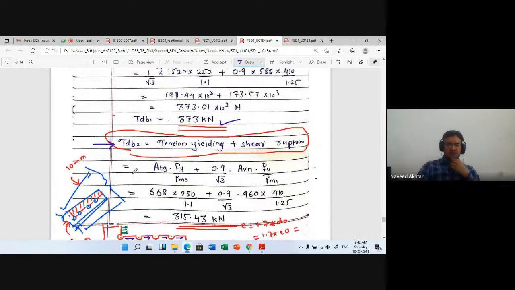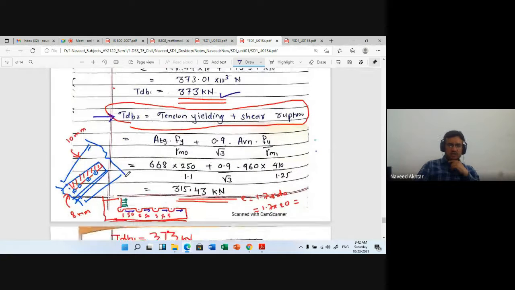Now you can find out TDB2. How to find out TDB2? TDB2 you can find out from tension yielding and shear rupture. Here tension yielding means the gross area in tension. If yielding is there, then the yield stress of the material, that is Fy, and the partial safety factor of the material is gamma M0. Plus shear rupture means the net area in shear.